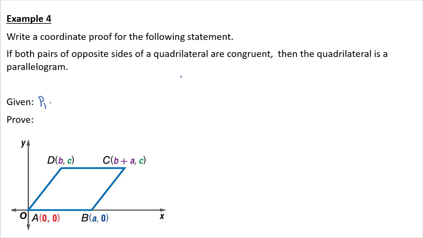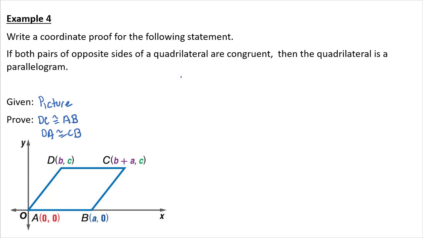I need to prove that DC is congruent to AB and DA is congruent to CB.